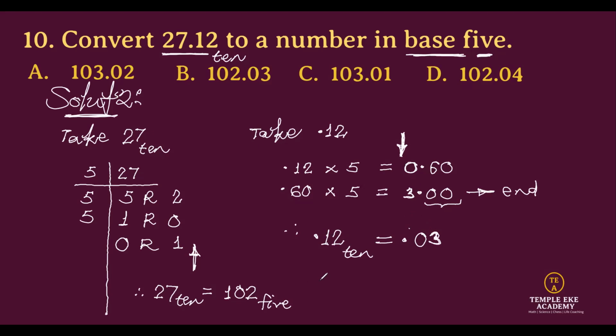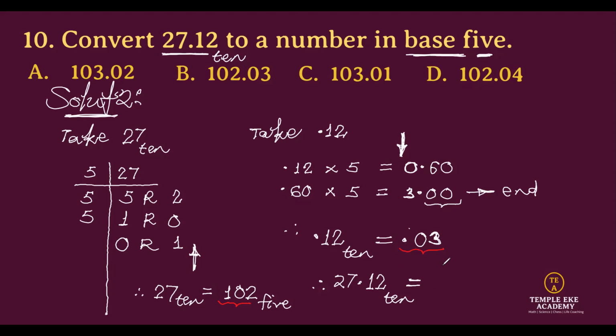And it implies now, in the final analysis, the original question, 27.12 in base 10, is now equal to the final answer. We're going to have to take the parts together. First, 102, we have to combine with 0.03 to give the final form of the answer.